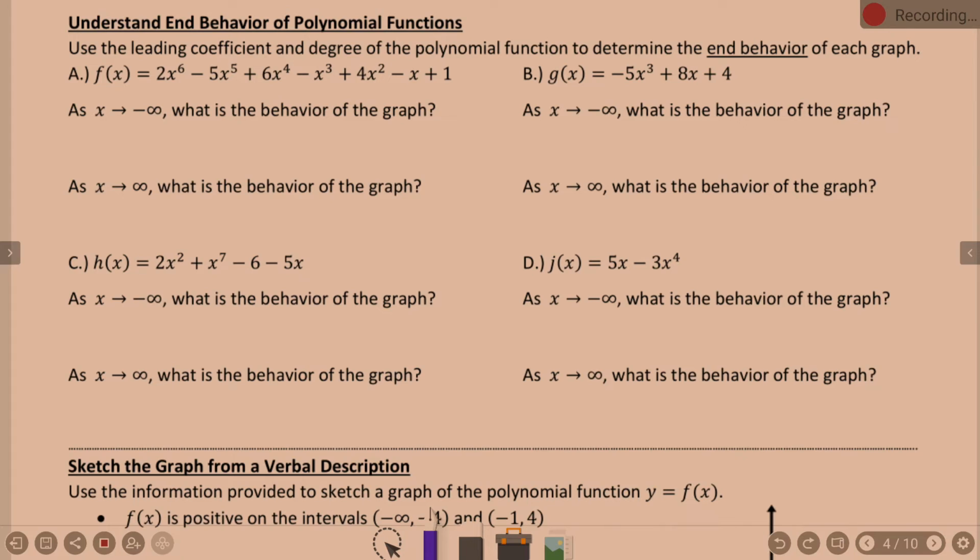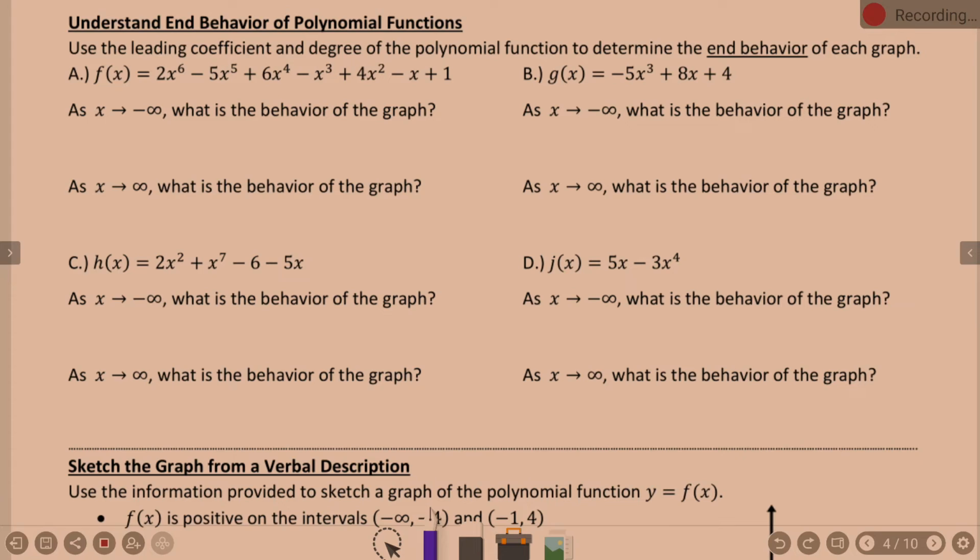So first of all, as we look at A, we have a big, long f of x function there. What do you know about f of x there? I can read the whole thing, but I don't really need to. What do we know? Okay, it's like y equals 2x to the 6th minus 5x to the 5th. We've got like, what, 7 terms there or something.